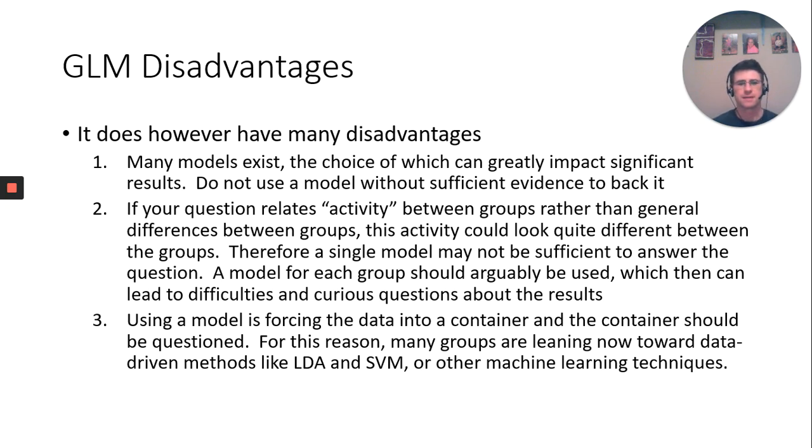One really good example is, let's say you have two widely different populations. One's either pathologic, or perhaps the age difference is vast, maybe 6-year-olds versus 90-year-olds. The brain activity in a 6-year-old is probably very different than the brain activity in a 90-year-old. And that shape may be different between the groups. So if your question is, is the activity due to this condition different between my 6-year-olds and my 90-year-olds?